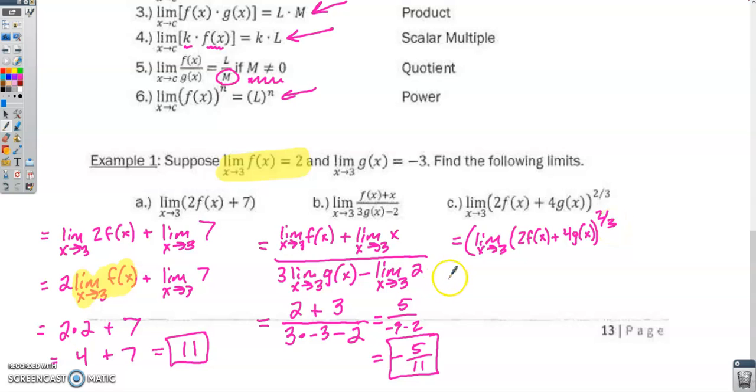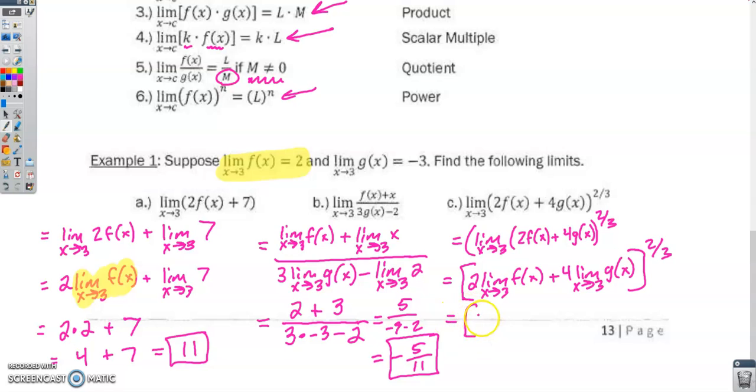And then I can apply my properties inside that expression as well. And so this is going to be 2 times the limit as x goes to 3 of f of x plus 4 times the limit as x goes to 3 of g of x, all of that raised to the 2/3 power.